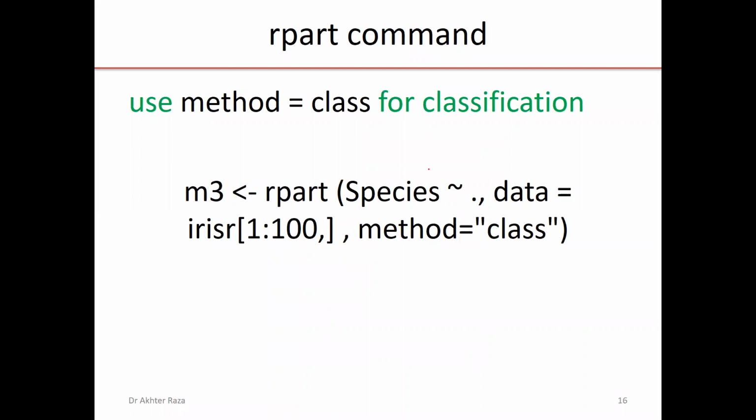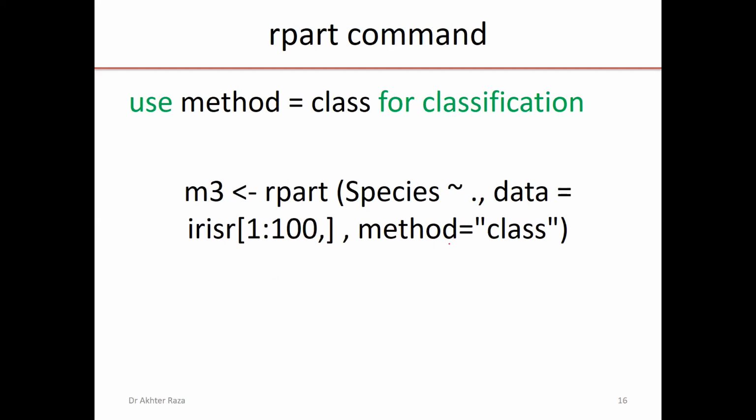Now I am going to use the rpart command, species, the tilde symbol. Instead of independent variables, I used only a dot. Dot means all variables except species are used here. And data is equal to iris 100. 100 elements will be used from the iris data set, which is shuffled or jumbled on the basis of species.